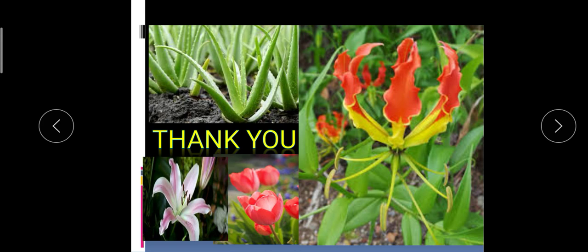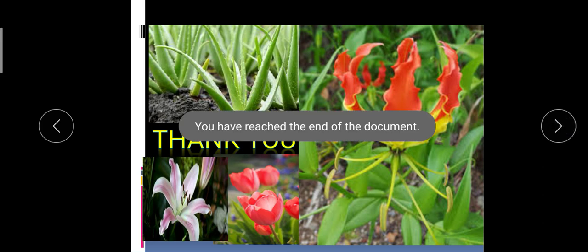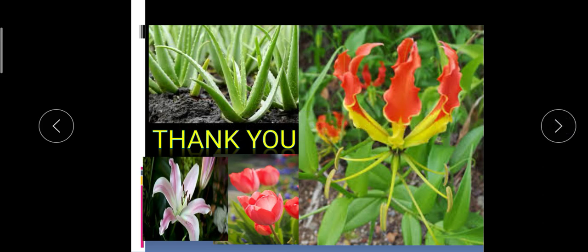So remember the plants: aloe vera, gloriosa, smilax, tulip, then our common lily, etc. This is a very important family. So try to familiarize yourself with almost all the ornamental, economically and medicinally important plants and study well. I hope you understood well. So have a nice day. Thank you very much.